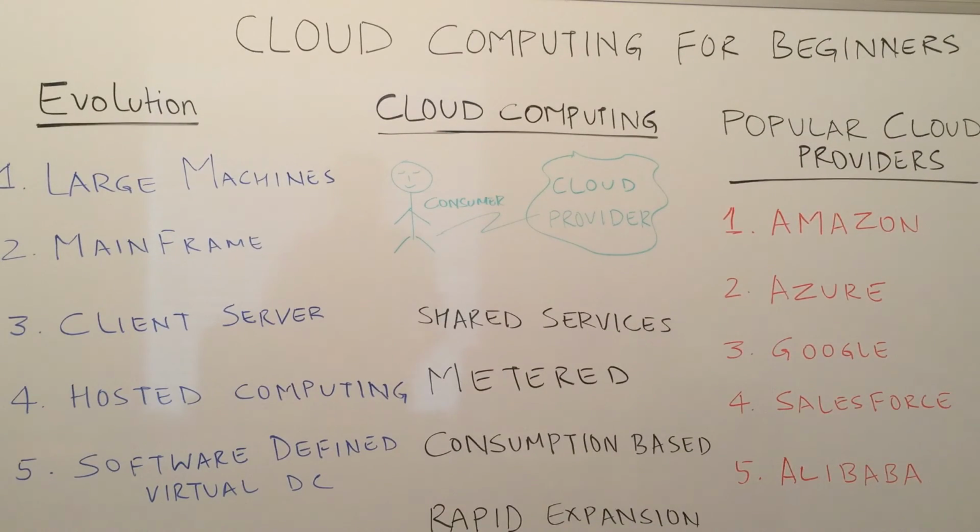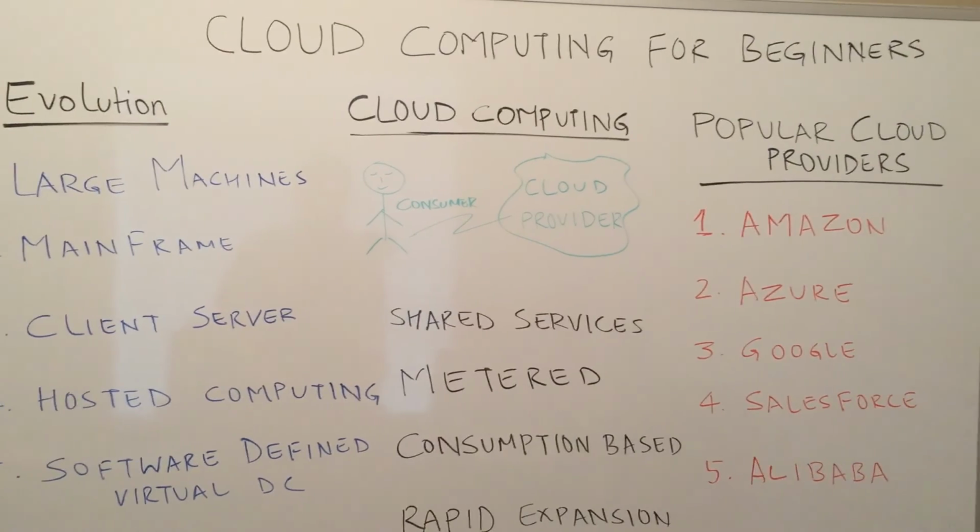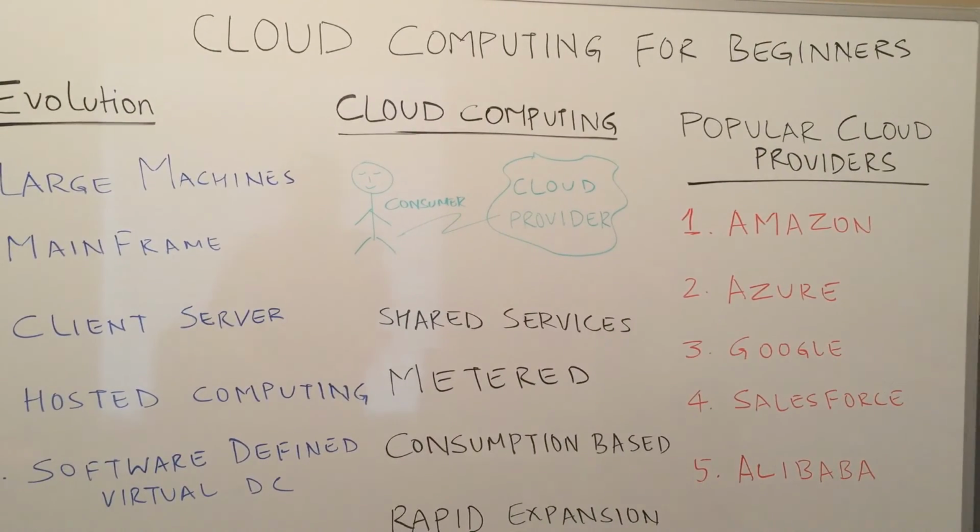What are some of the more popular cloud providers? I'm sure everybody has heard the name of Amazon or Microsoft Azure, Google Cloud Platform, Salesforce, the Customer Relationship Management portal, Alibaba, and many more, such as Dropbox, Outlook.com, Microsoft Office 365, Microsoft Dynamics, and there are tons and tons of other such providers.